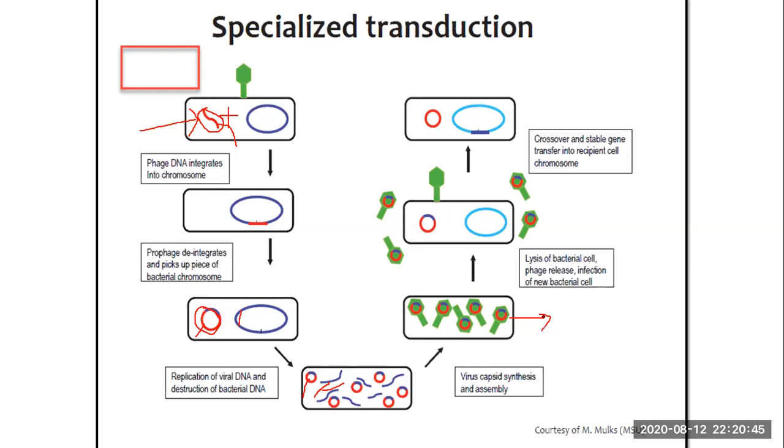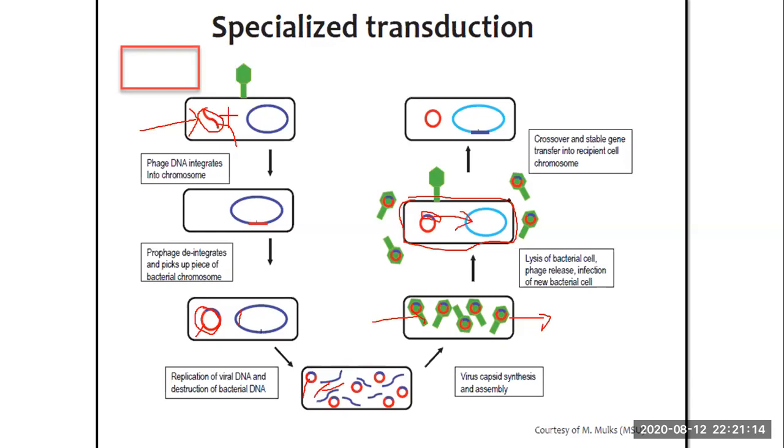Then that bacterial DNA-containing virus again attacks another kind of bacteria, and whenever it attacks, it injects its genome, and now this bacterial genome that is present in that virus actually attaches with that bacterial DNA.